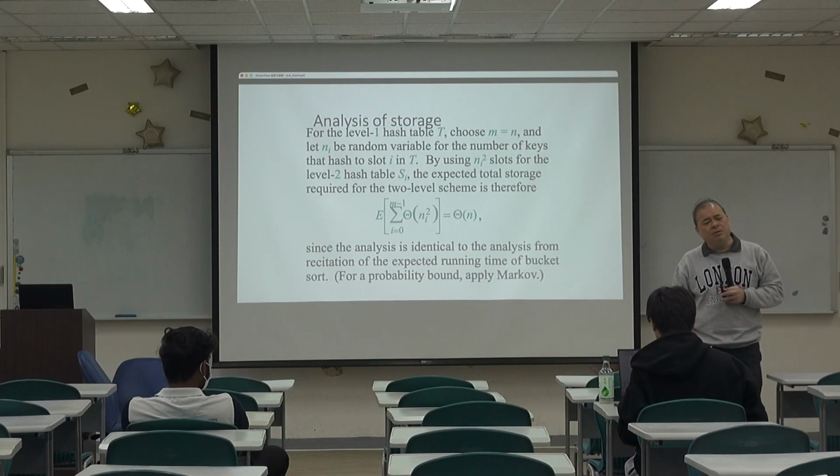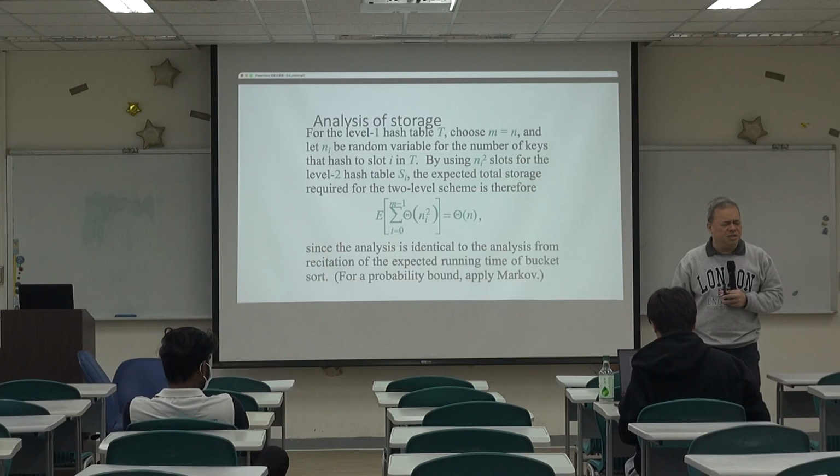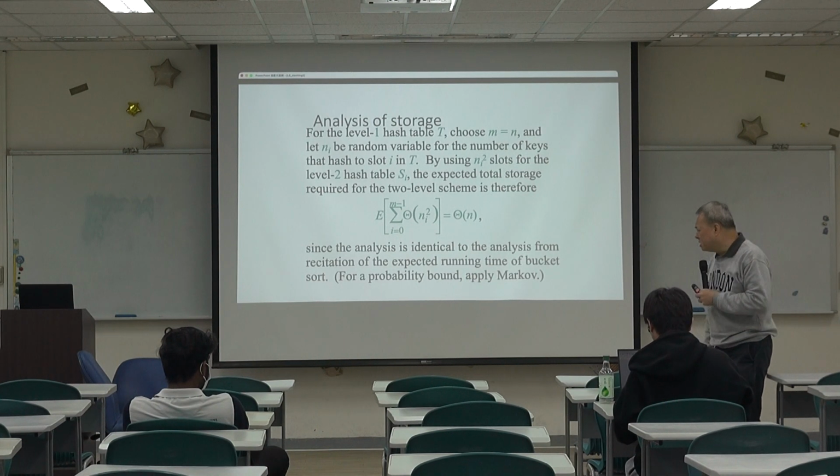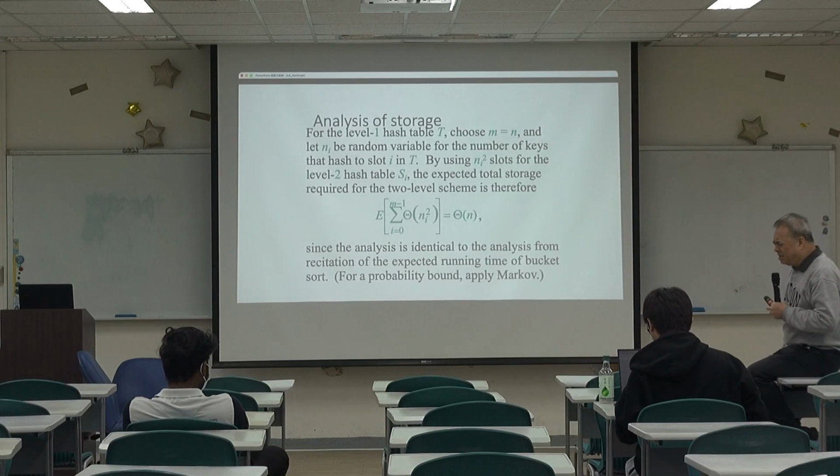In particular, when the size is the square of the number of keys, this is very easy to obtain. Okay, within two tries of random picks from the universal hash function, we are able to find such a hash function. But if the hash table has to be bounded by big O of n, then this problem becomes complicated.